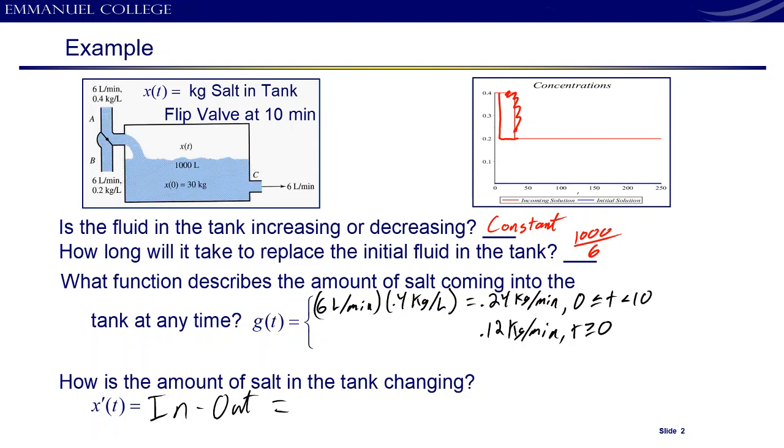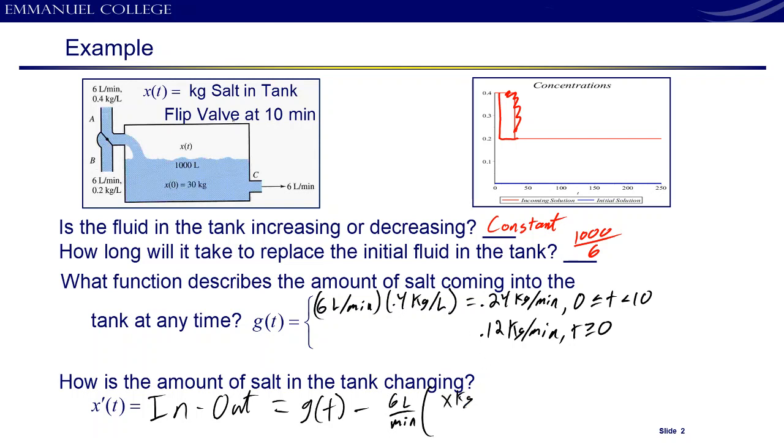Our amount that goes in is g of t. And our amount that goes out is the 6 liters per minute times, and this is where you have to be careful, times X kilograms, that's how much is in there at the given time.